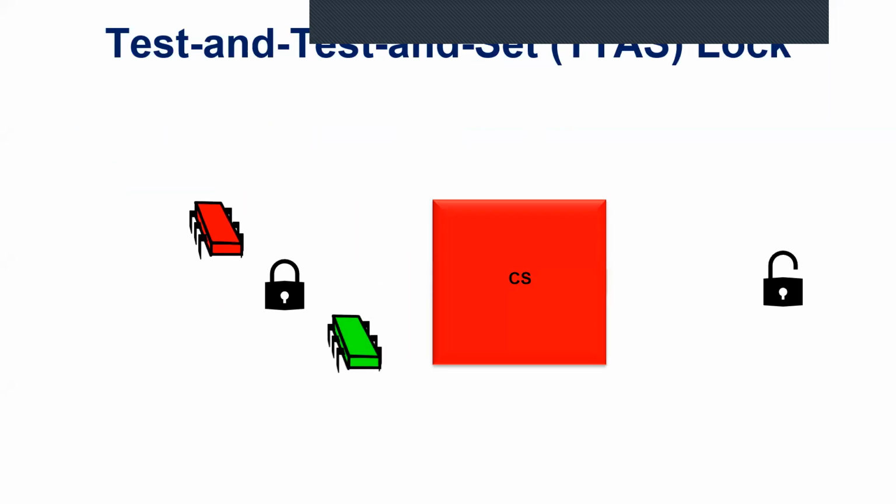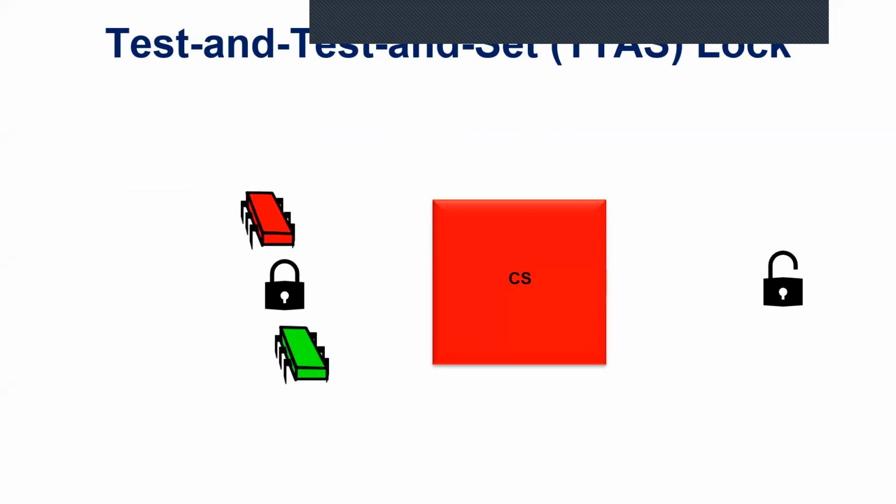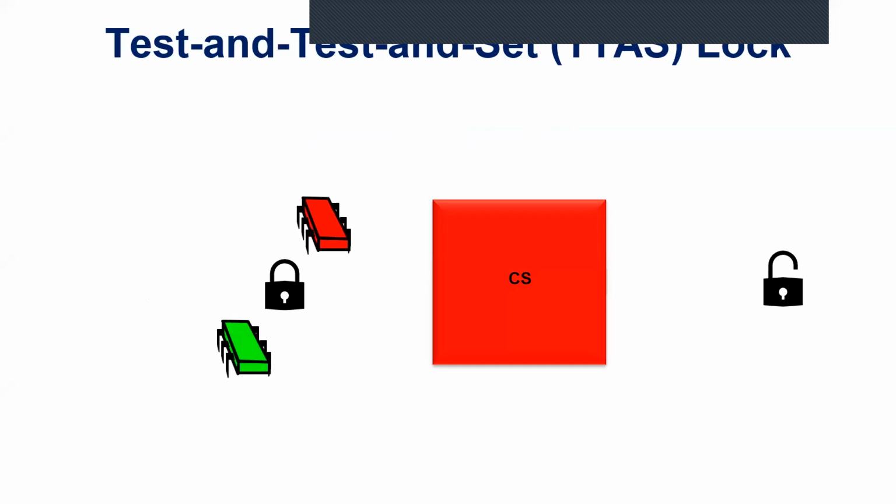Now, in test and set lock, we are overcoming the problem of TAS lock. In TAS lock, if any thread wants to enter into the critical section, it acquires the lock. The remaining threads keep on spinning on that particular loop, which leads to contention.